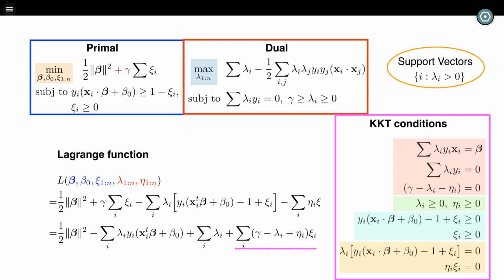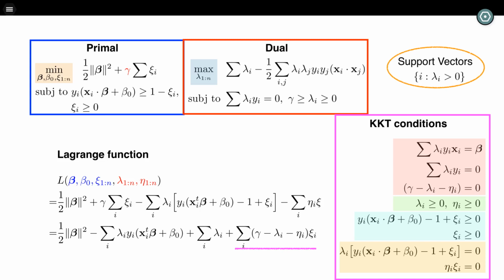The first 2 terms are copied from the objective function of the primal, and then we subtract lambda i times the first set of constraints, and then minus eta i, oh sorry, there's a psi i, eta i times psi i, because we have 2n constraints, right?